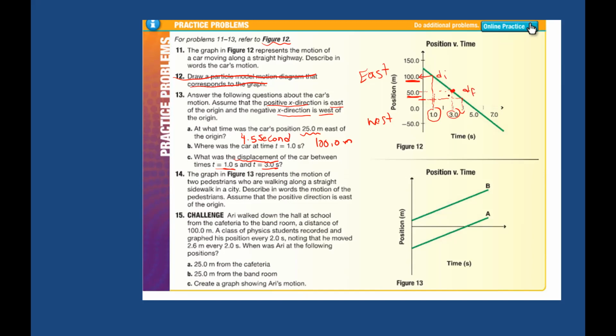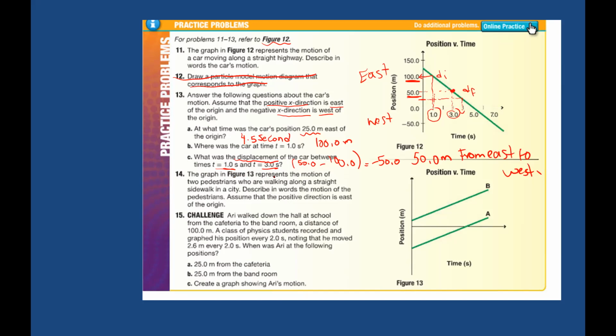Your final was at 50 and your initial was at 100, so 50 minus 100 is equal to minus 50. This only means that he is covering 50 meters towards the west, from east to west.